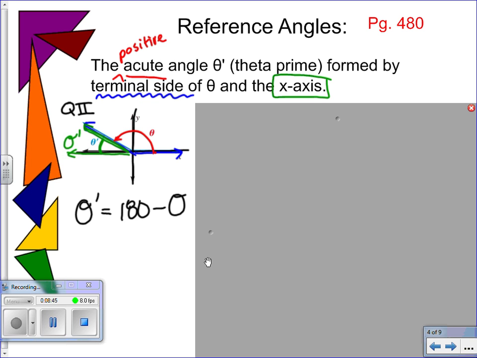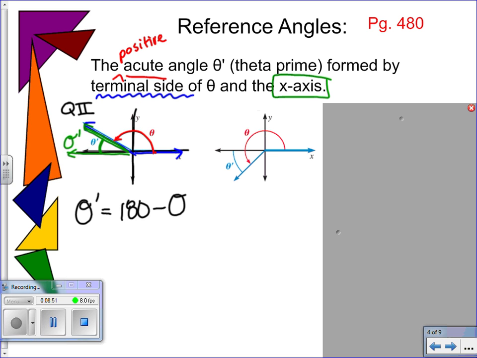The rule changes in the third quadrant. So we'll draw a new picture. Draw yourself an x and a y axis. Draw an angle in standard position whose terminal side lands somewhere in the third quadrant.